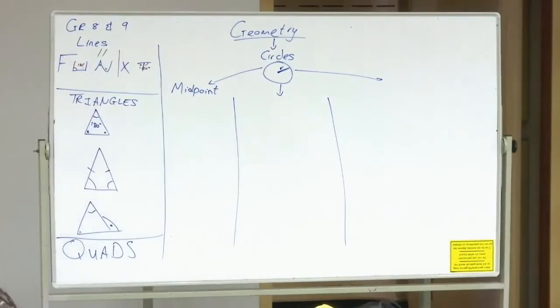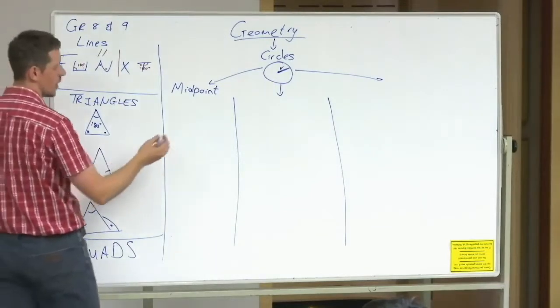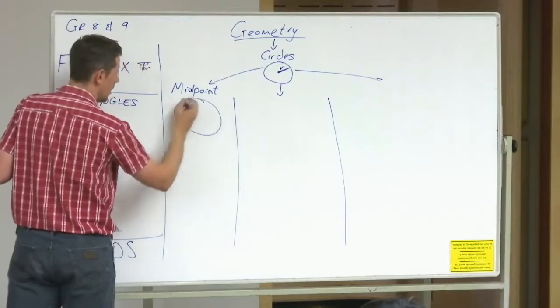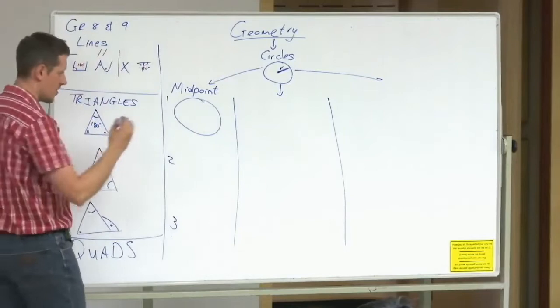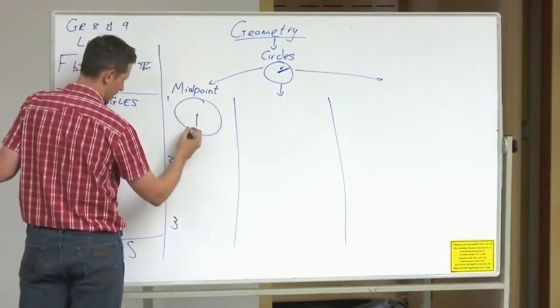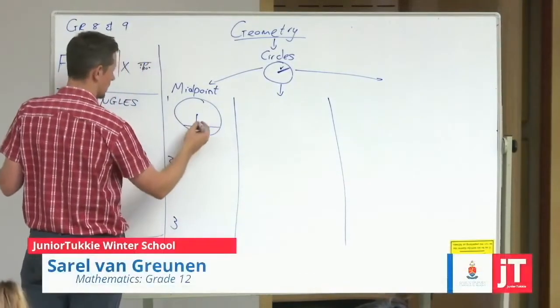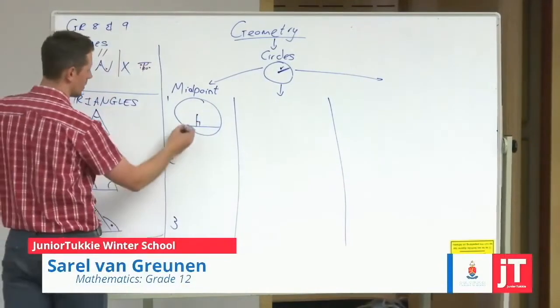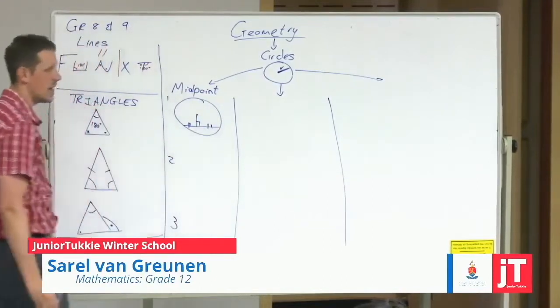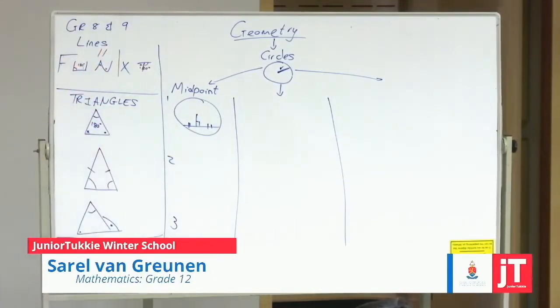Number 1, if I'm given a center of a circle, I look at radius. I look at all the radii and all the theorems that could work in with radii. So the first one, when I look at the midpoint, I look at theorem 1, 2, and 3. Theorem 1 says, from the center of a circle, if I have a radius and it's perpendicular to a chord, it will bisect that chord.